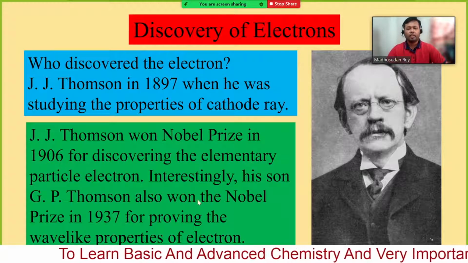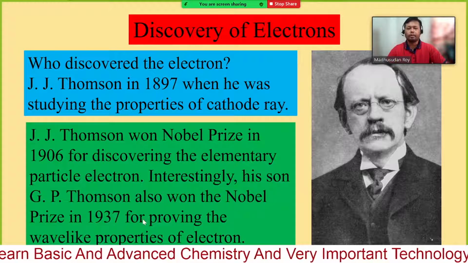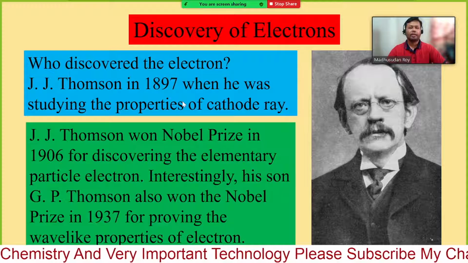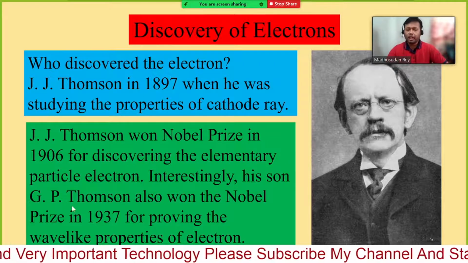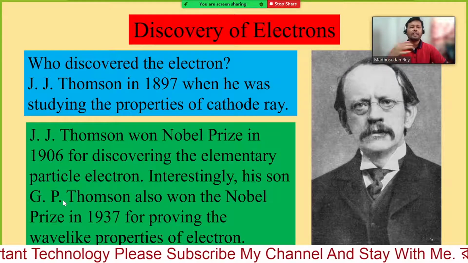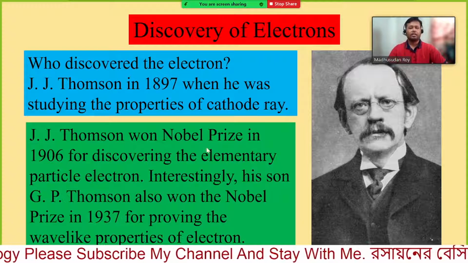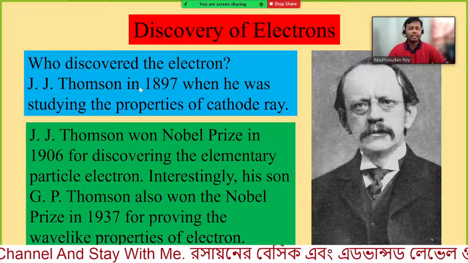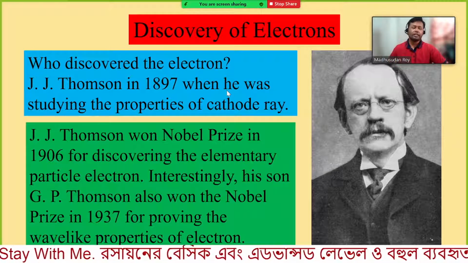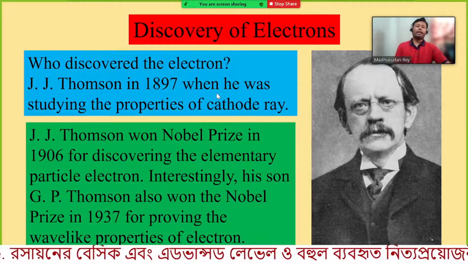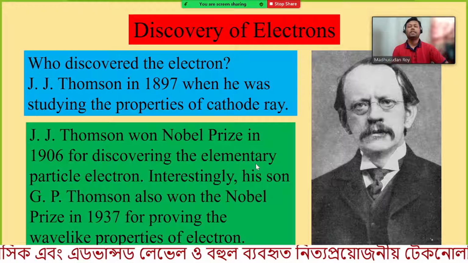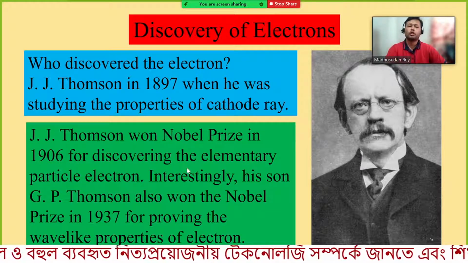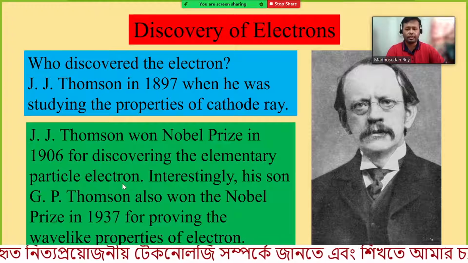J.P. Thomson won the Nobel Prize in 1937 for proving the wave-like properties of the particle, the electron. That means J.P. Thomson extended the research that J.J. Thomson did. In 1897 J.J. Thomson discovered the electron, and he won the Nobel Prize in 1906 for discovering the elementary particle, the electron.